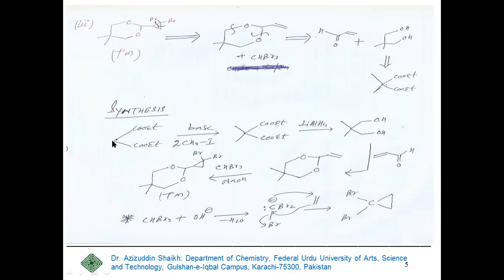This anion or nucleophile reacts with methyl iodide, and two hydrogens are removed and two methyls will be added. Now, by the reduction in presence of lithium aluminum tetrahydride, the two ester groups are reduced into hydroxyl groups.